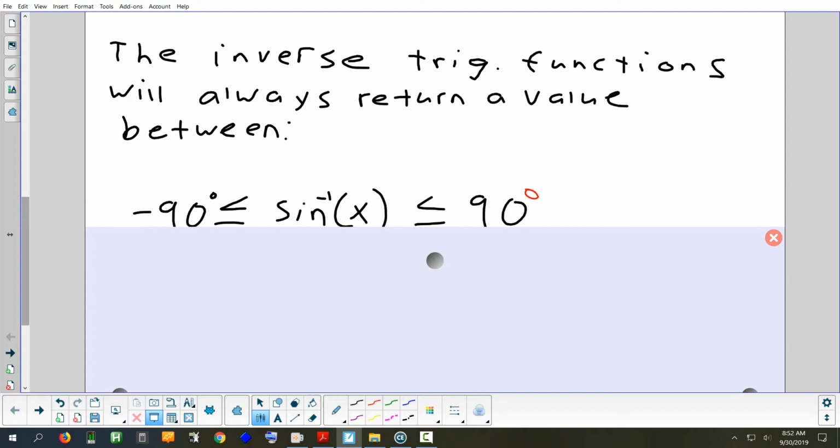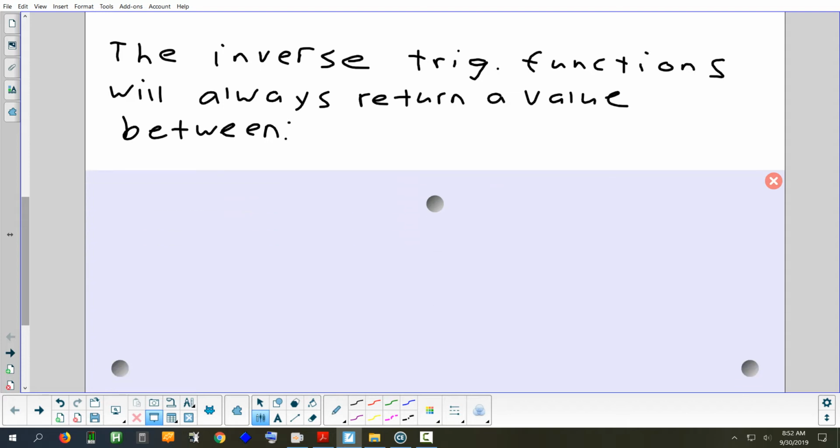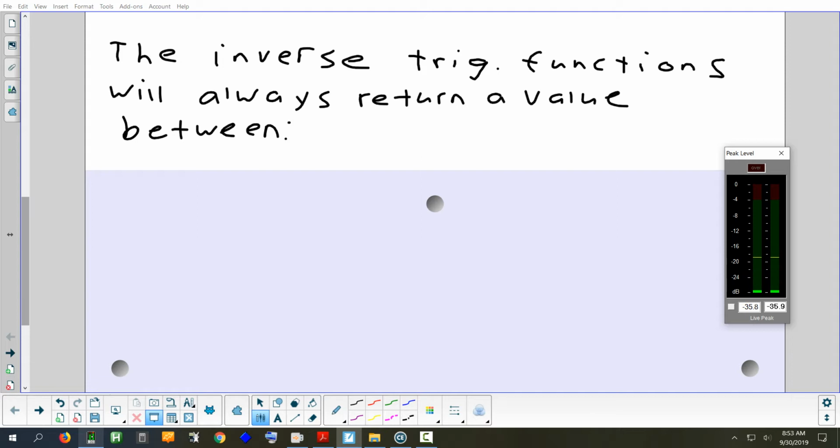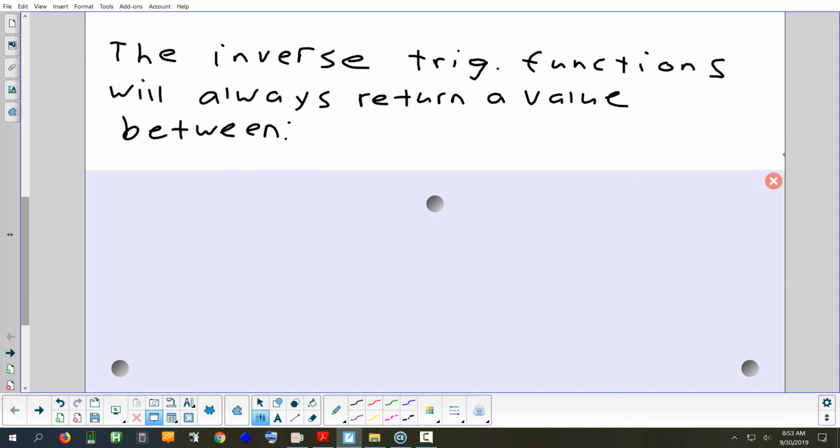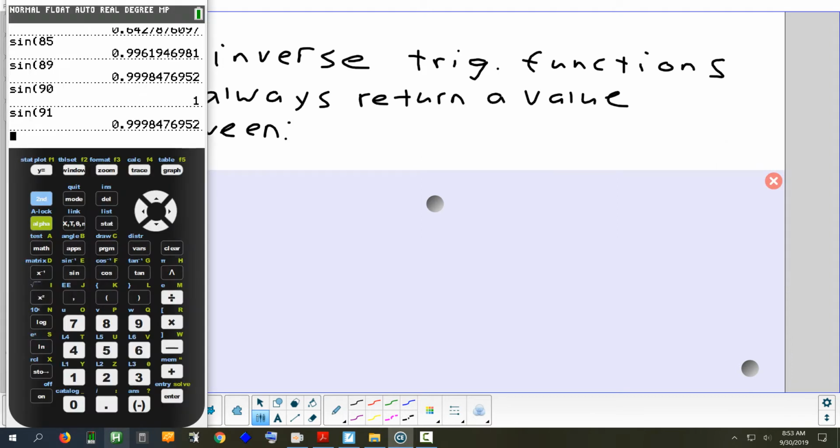So now, let me go back to my calculator. We know 1 is the highest that a regular trig function goes, and -1 is the lowest. Just trust me on that. It's 1 to -1.